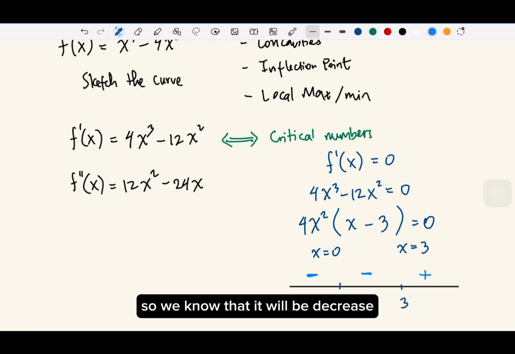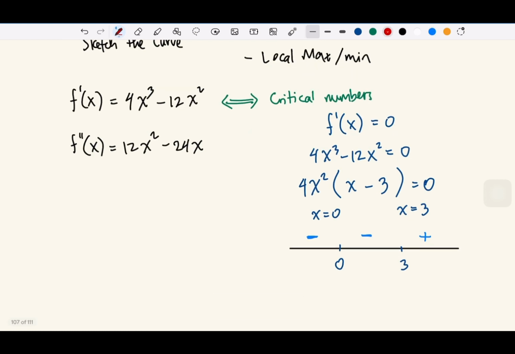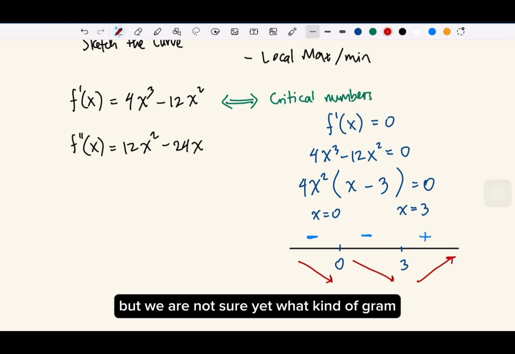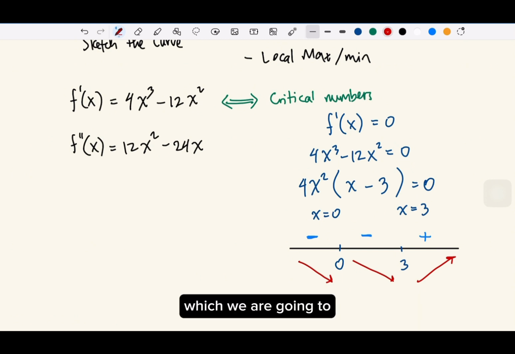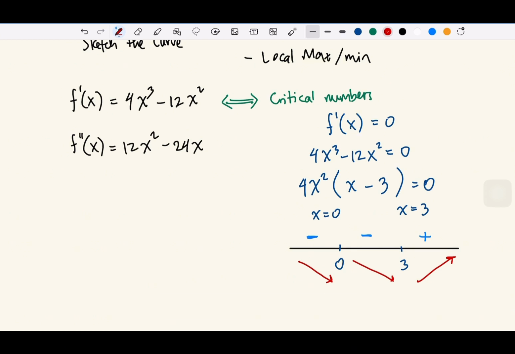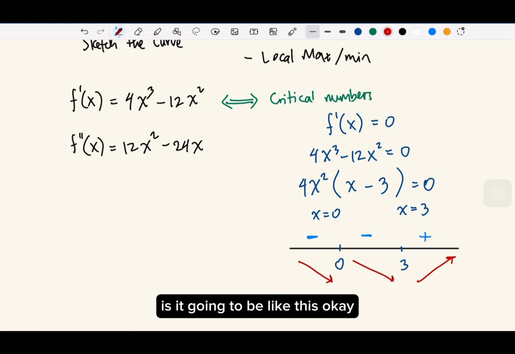So we know that it will be decreasing, decreasing, and then increasing. But we are not sure yet what kind of graph. We need to check with the second derivative. Our expectation for the second derivative is whether it is going to be concave upwards or downwards, and on which part of the interval.